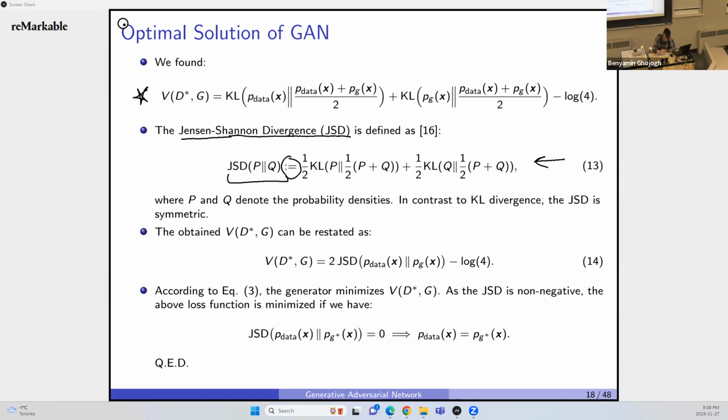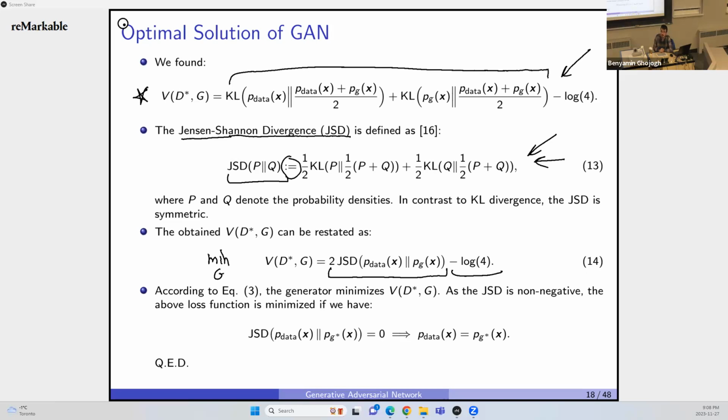Now compare this with JSD. I can write these two terms as 2 JSD between P data and PG, minus log of 4. Okay. So now you tell me, I want to minimize this with respect to G. Agreed? This is my loss. What should I do? It should be minimized.